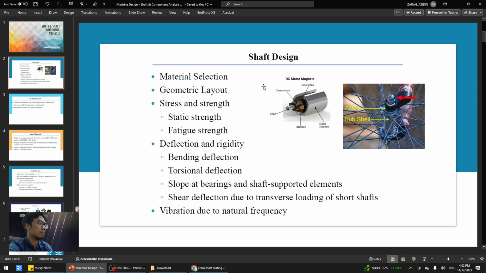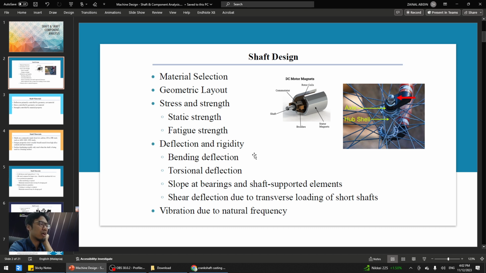Okay, and the stress and strength of your shaft design, you must consider it. Under stress and strength, you must test the static strength and the fatigue strength of the shaft of your design. Furthermore, you need deflection and rigidity.